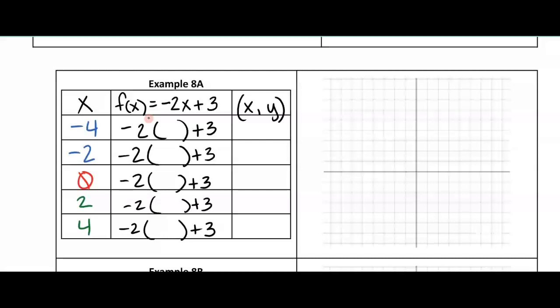And we can go ahead and start our ordered points here by filling in those x values. So all we have to do is find the y and complete our ordered pair graph.